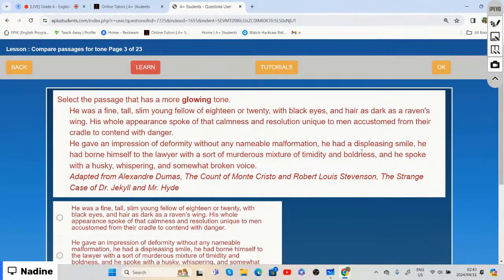He was a fine, tall, slim young fellow of 18 or 20, with black eyes and hair as dark as a raven's wing.